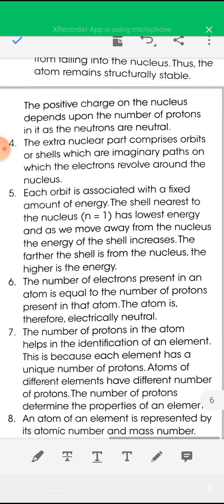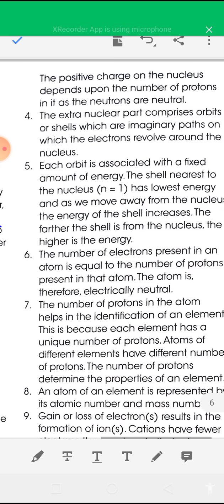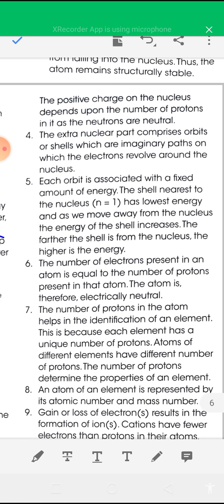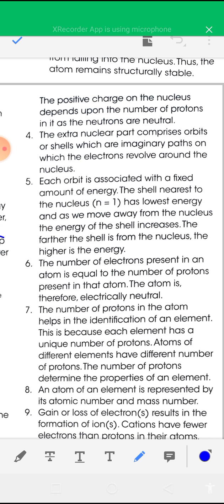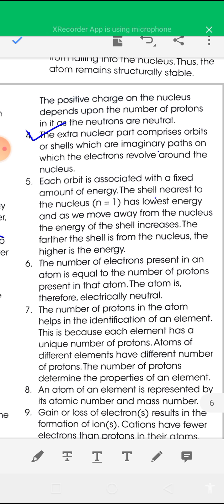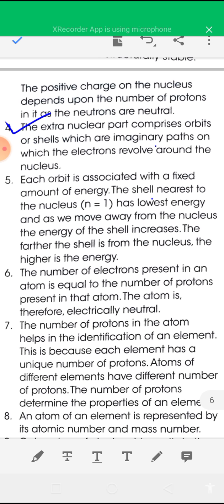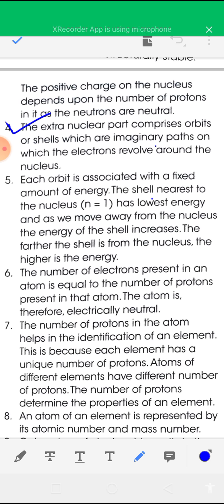And next point, the extranuclear part comprises orbits or shells, which are imaginary paths on which the electrons revolve around the nucleus. So the extranuclear part means different shells in which electrons are revolving around the nucleus.